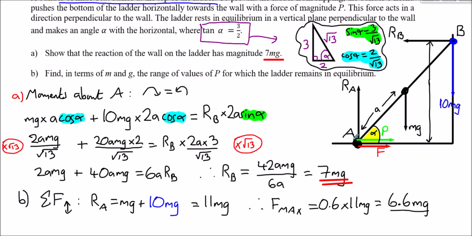So if that person took their foot away, there'd be 7 mg pushing against it. The 6.6 mg wouldn't be enough.